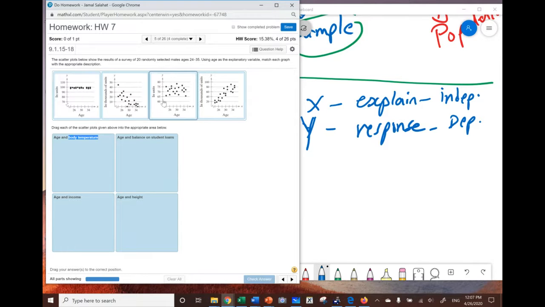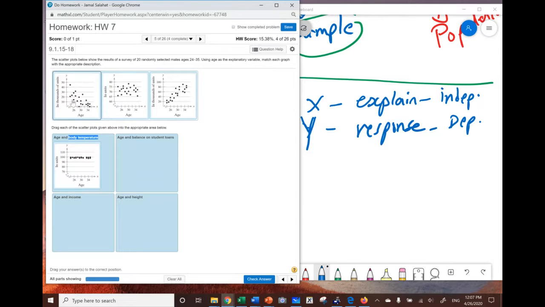But look at number 3. Here the temperature is going to be between 65 to under 80, and that's not acceptable because for human beings, the temperature is not in that range. So we're going to drag the first graph and put it there because it talks about body temperature.